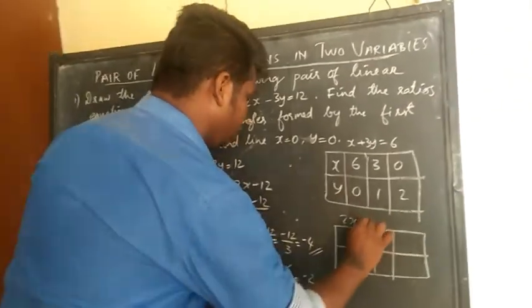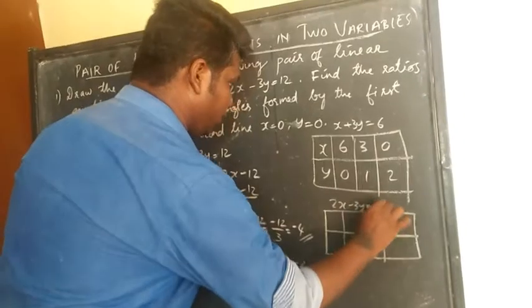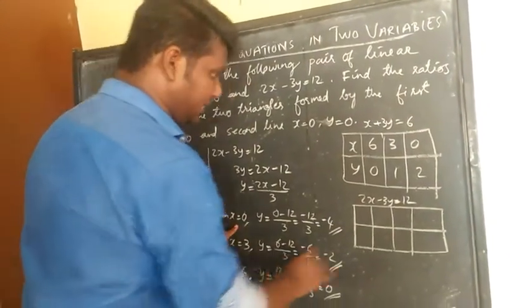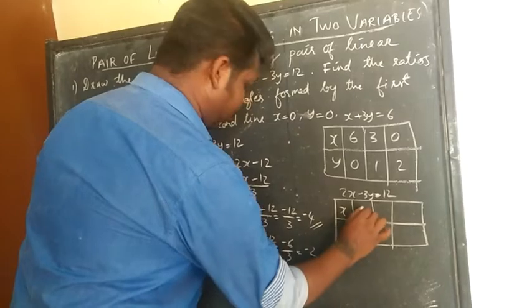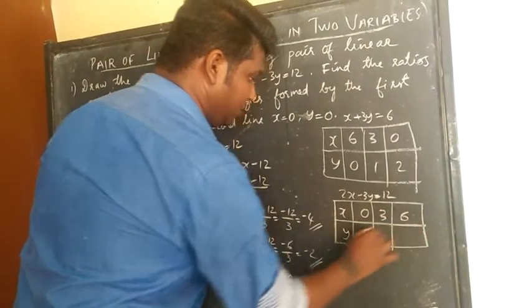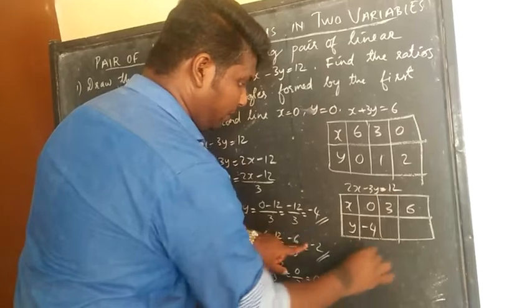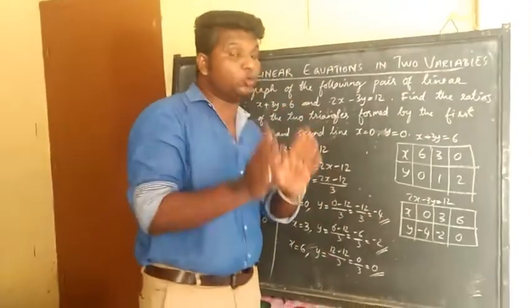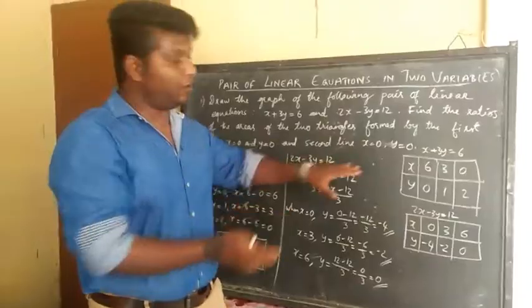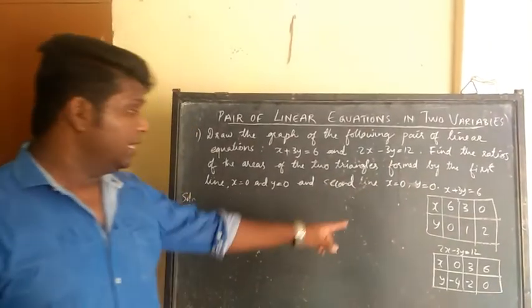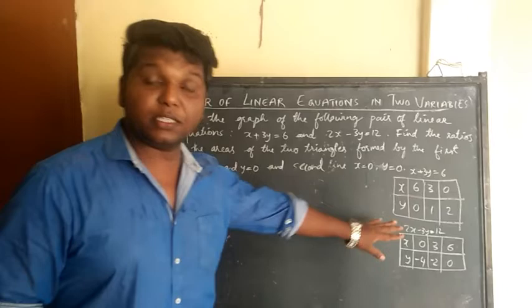For the second equation, 2x minus 3y is equal to 12, when you gave x value 0, 3 and 6, you got minus 4, minus 2 and 0. So like this you have to make two separate tables. Clear? From this one, you got two solution sets here.